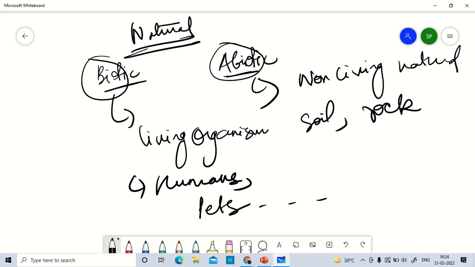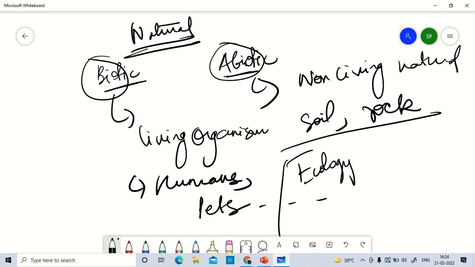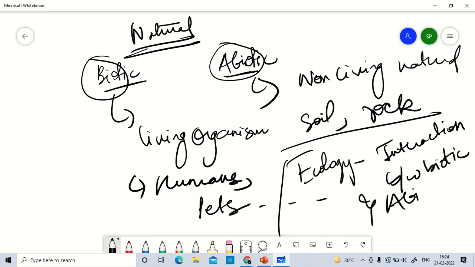So what is ecology? Ecology is the interaction between biotic and abiotic factors.